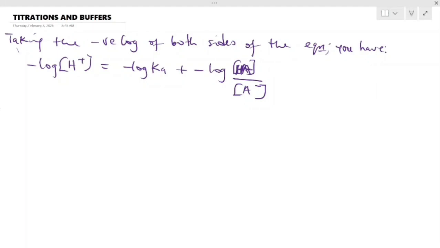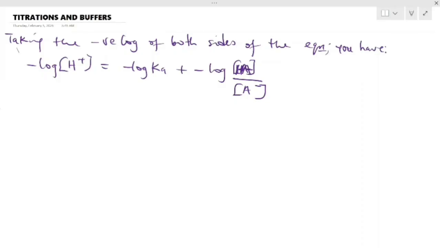So what happens here is the multiplication principle, where multiplication is equivalent to addition. The properties of logarithms were used to expand that Ka equation, in which the hydrogen ion concentration was made the subject of the formula.